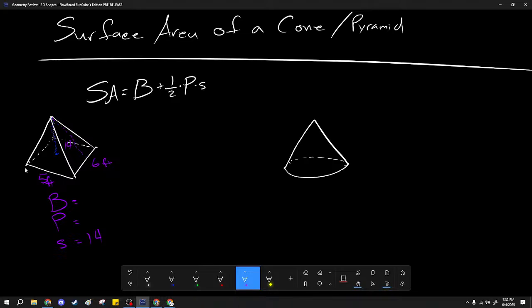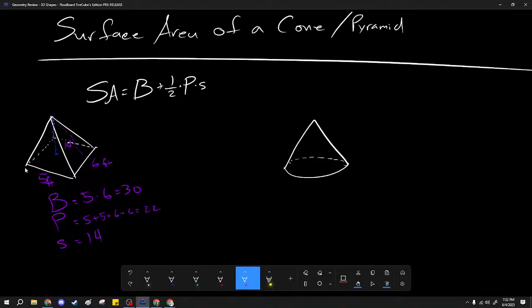So 5 plus 6 plus 5 plus 6, that's 10 plus 12, which is 22. The area of the base is a rectangle, 5 times 6, length times width, which is 30.